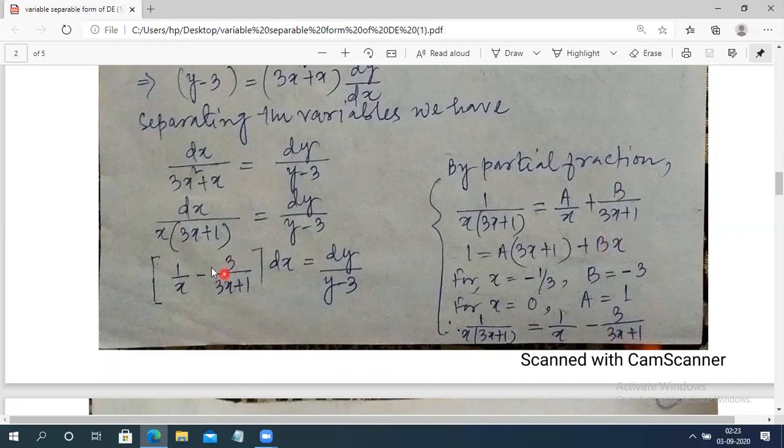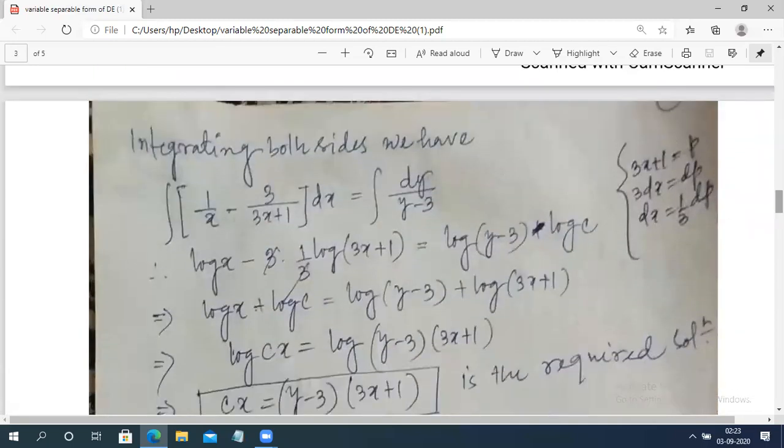So now we will write this expression in this partial form, and now it is very easy to integrate these two expressions. If we integrate 1 by x, it will give log x, and if we integrate 3 by 3x plus 1, it will give 3 log of 3x plus 1 by 3, and this 3 because of this.